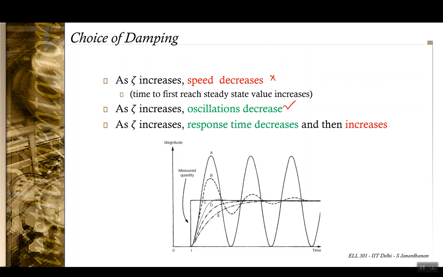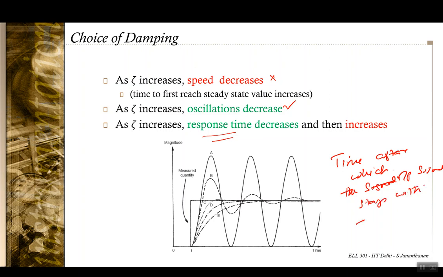And as zeta increases, if you see the response time, that is the time after which the output signal stays within some plus minus alpha error from the final value.